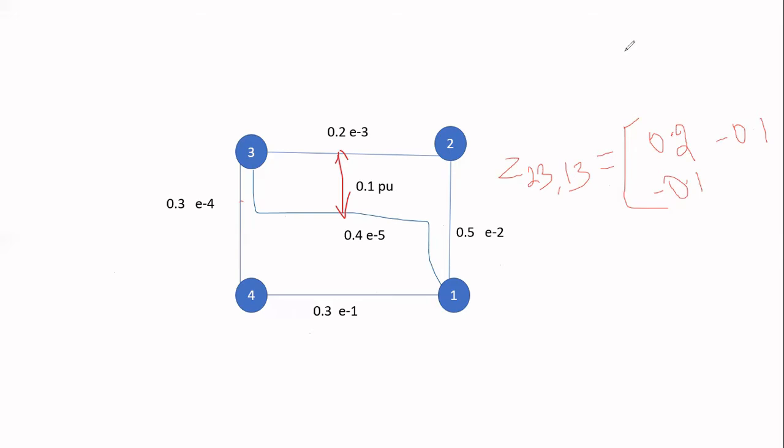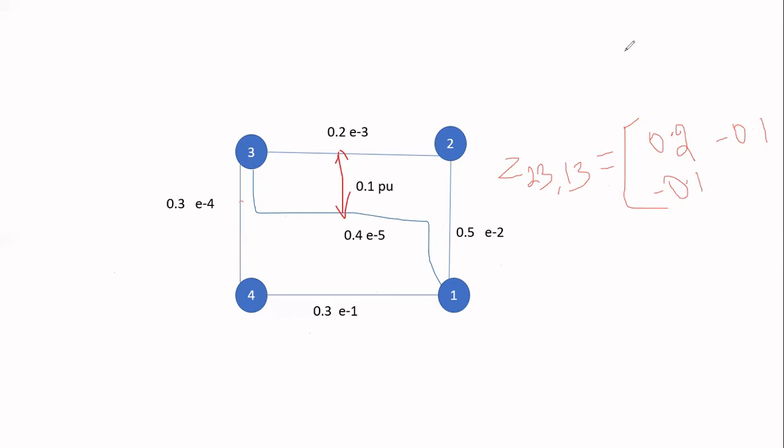How will we obtain the Z inverse matrix? It is obtained using the formula 1 by adjoint A, where A is AD minus BC. Then we change the positions of 0.2 and 0.4, and change the signs: if there is a minus, we consider it as a plus.